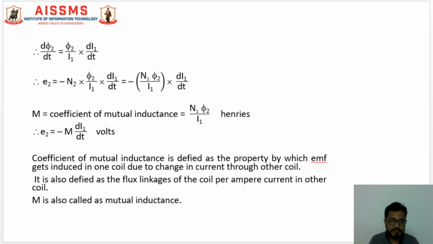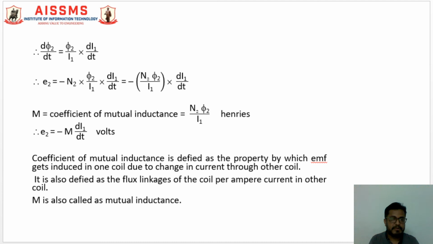Now, this term present in the bracket, N2 into phi2, that is the flux linkages with coil B, divided by the current in coil A, is nothing but the coefficient of mutual inductance, that is capital M. So capital M is equal to N2 phi2, the flux linkages with coil B, divided by the current in coil A, in Henries.